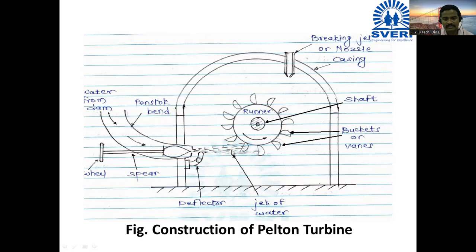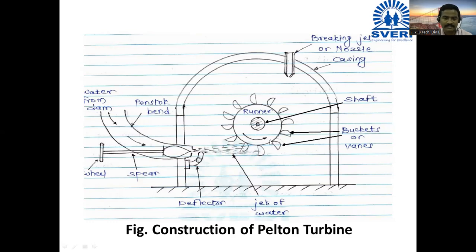That jet of water strikes the buckets, and the runner rotates with a high speed. This way mechanical power is produced, and that mechanical power is utilized for converting to electrical energy by using a generator, as the shaft of the turbine and the generator is common. So this way the Pelton turbine, or impulse turbine, works.